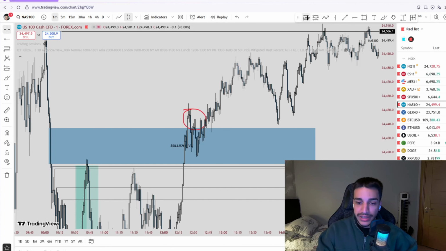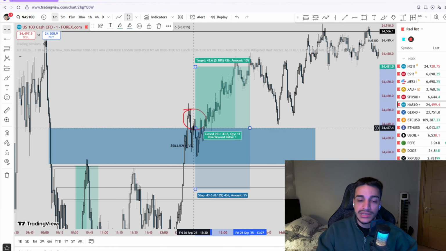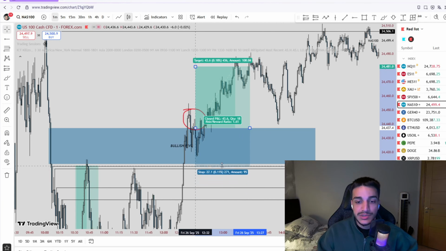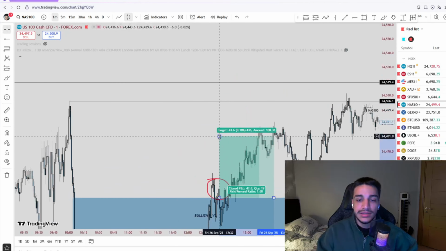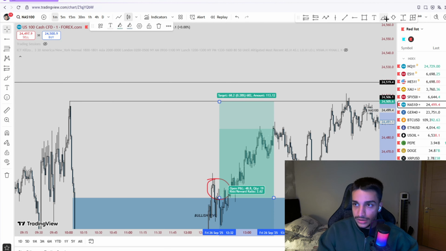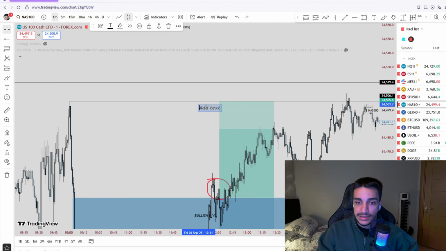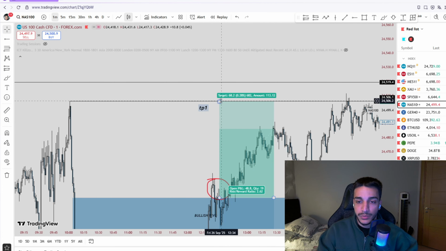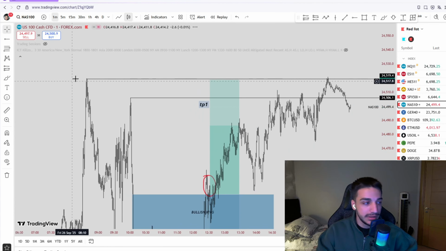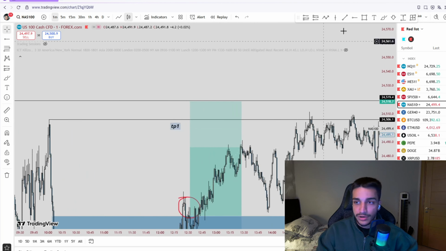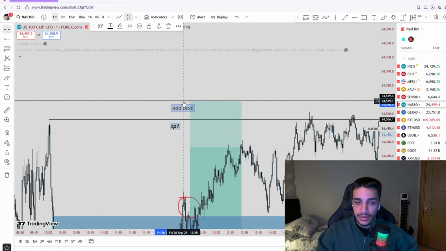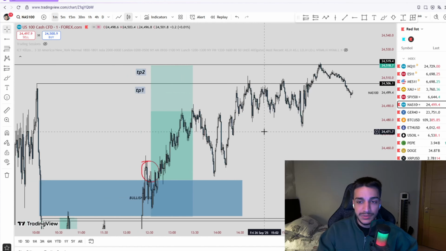So I took that trade. This was my entry. This was my stop loss. This was my take profit one. Let's mark it. And this high was my take profit two. This was a long trade.